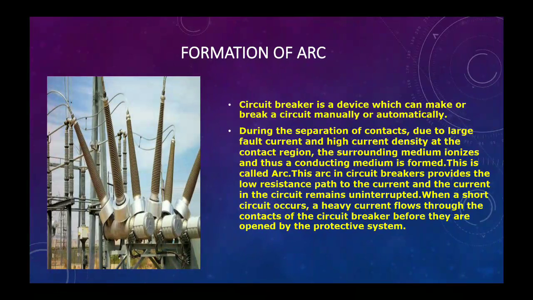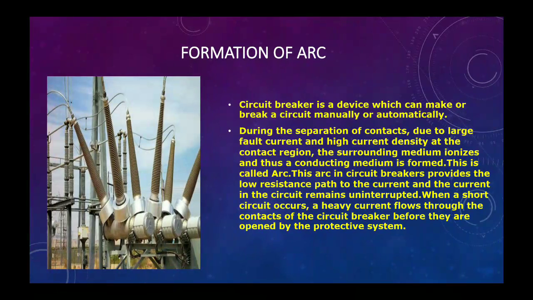The surrounding medium is ionized, and thus a conducting medium is formed, and this is called the arc. That means an arc is a conducting medium through which the current is flowing. This arc in circuit breakers provides a low resistance path to the current, and the current in the circuit remains uninterrupted.